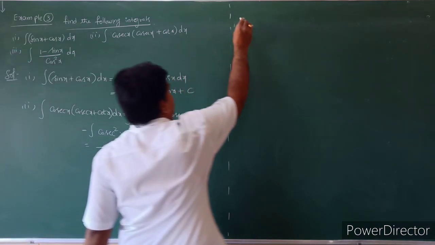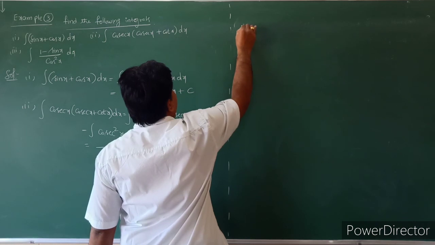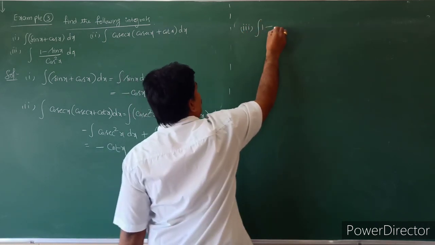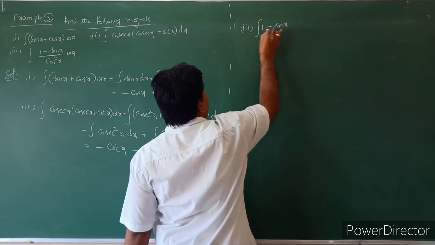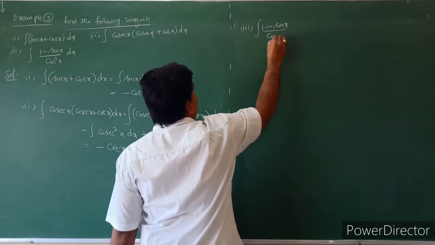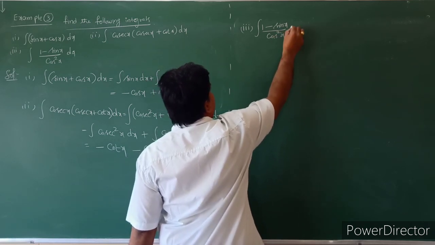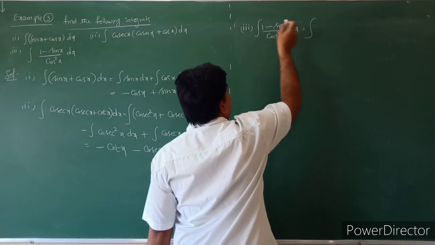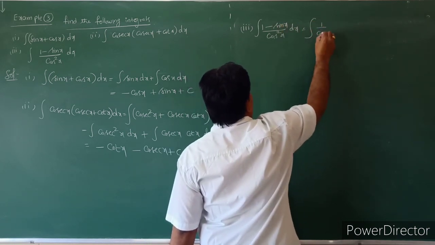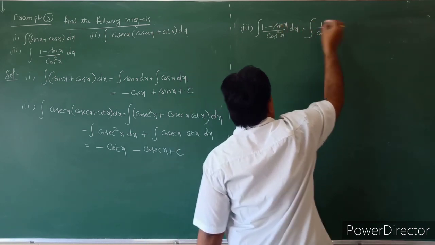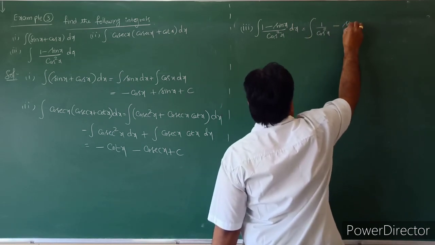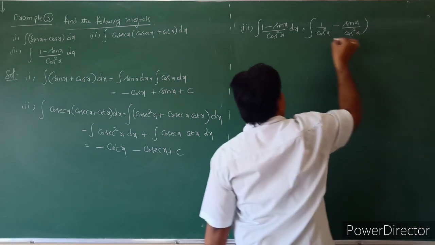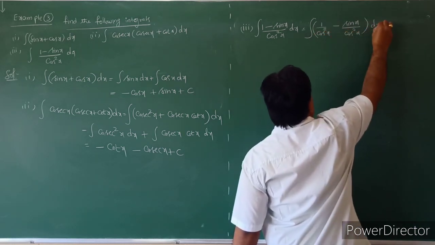See the third question. Integral of 1 minus sin x by cos square x into dx. So that is equal to integral of 1 by cos square x minus sin x by cos square x into dx.